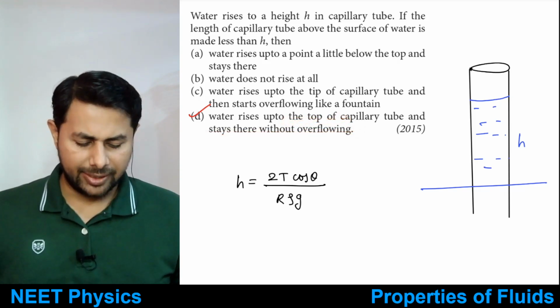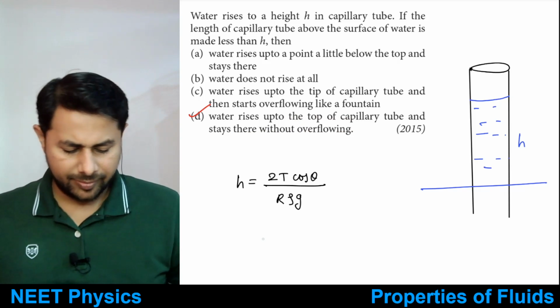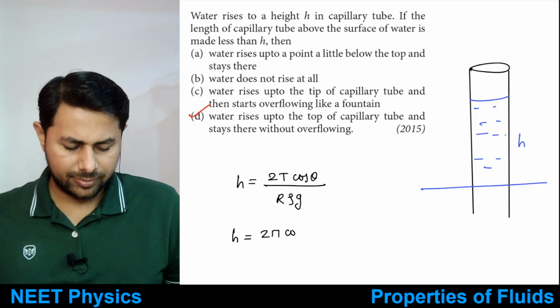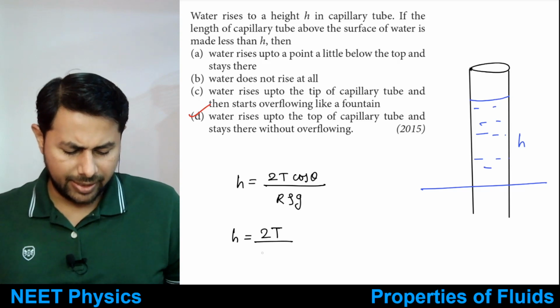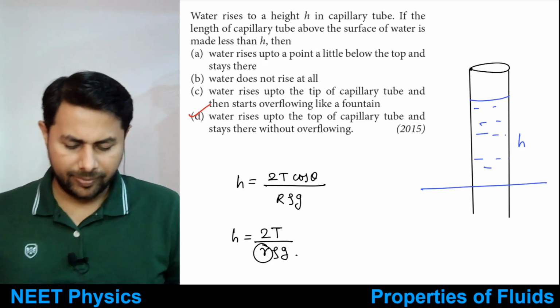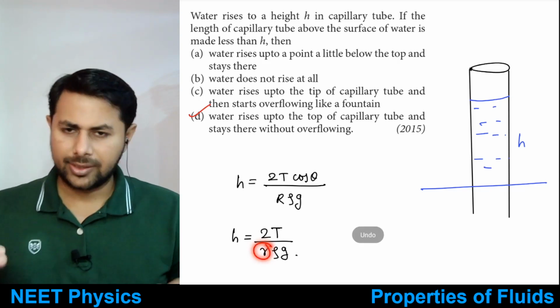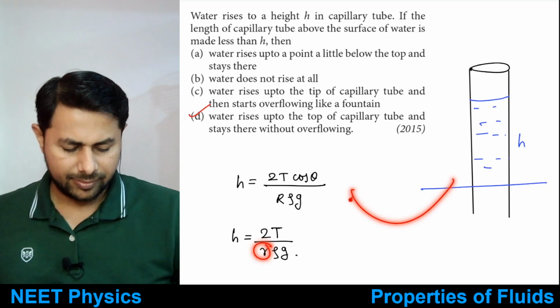The reason behind that is, h is equal to 2T cos theta divided by r rho g, and it can be written as 2 times T divided by small r rho g. And remember, what is small r? Small r is the radius of the meniscus, right?